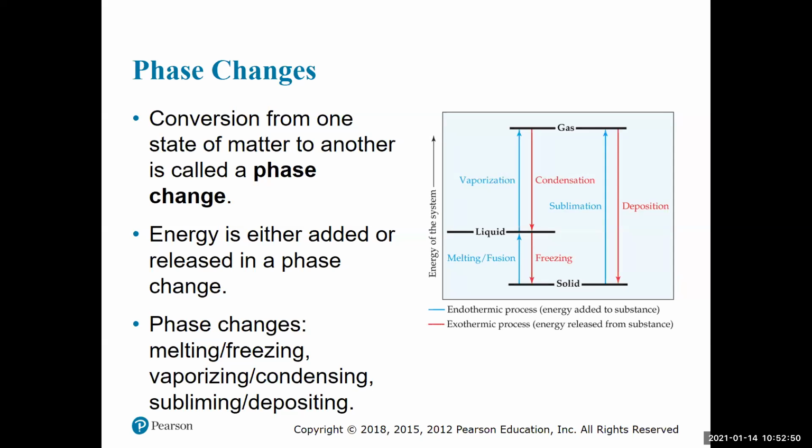So let's just kind of go through this a little bit. So here we're seeing that we start as a solid, we go to a liquid. So that would be melting. And so there we see that's an endothermic process. Kind of makes sense, right? If you had an ice cube, for instance, and you wanted to melt it, what would you do?